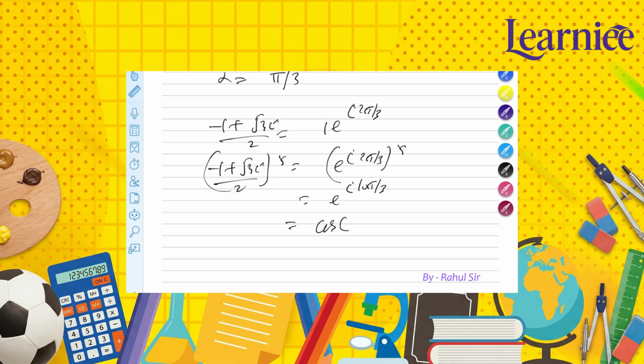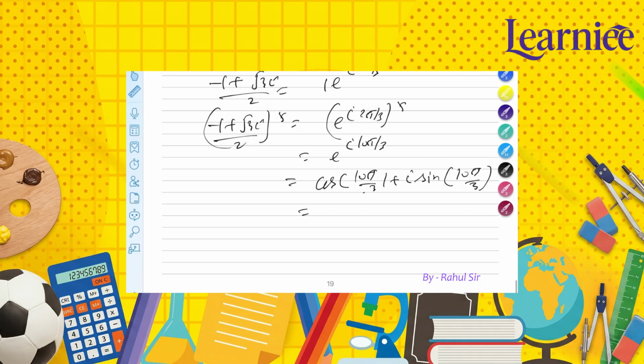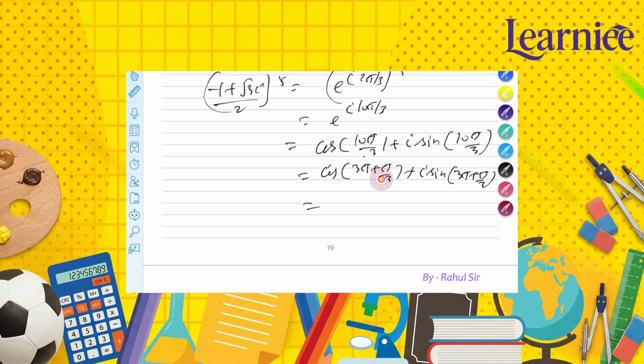So we write it first in trigonometric form, that is cos of 10 pi by 3 plus i sine of 10 pi by 3. Cos of 10 pi by 3 is cos of 3 pi plus pi by 3, and i sine of 3 pi plus pi by 3.